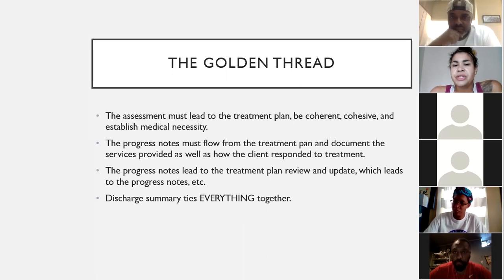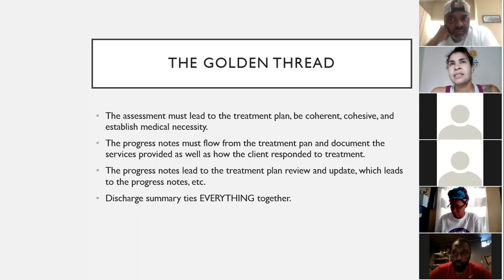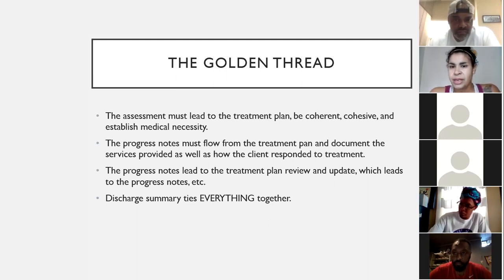The other thing the treatment plan needs to do along with the assessment is establish medical necessity. Why is it necessary for this client to receive these services? That is generally done in the mental health assessment itself, but as we'll see when we look at a treatment plan, it's going to be in the treatment plan as well.